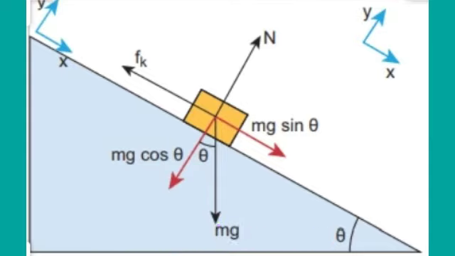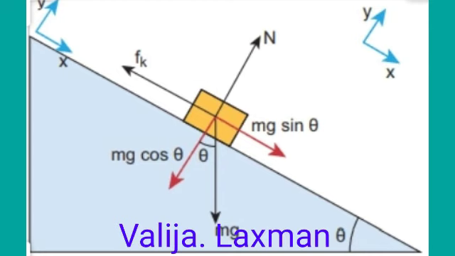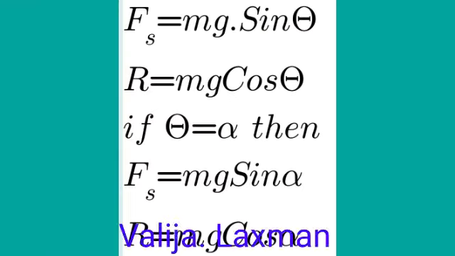Now in the diagram, the forces acting on the body are the weight of the body mg in the downward direction, the normal reaction R perpendicular to the contact surface, and the rectangular components mg cos theta and mg sin theta. And the static frictional force is opposite to the motion of the body, indicated as Fs equal to mg sin theta. Now we write the equations: Fs equal to mg sin theta and normal reaction R equal to mg cos theta.